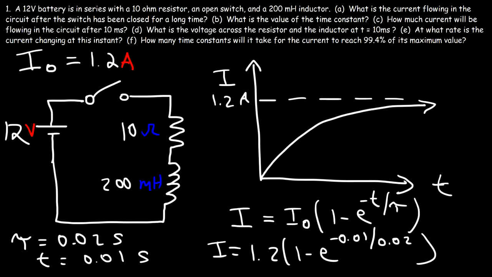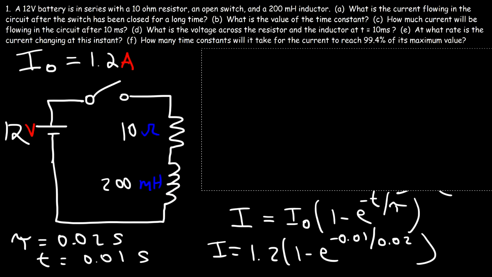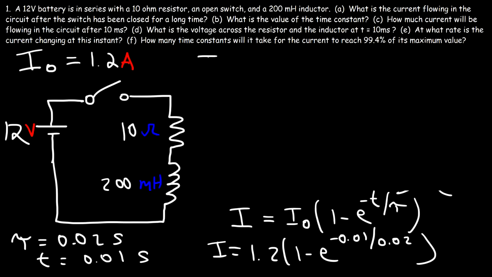So go ahead and type that in exactly the way you see it. So the current at 0.01 seconds is going to be 0.472 amps.